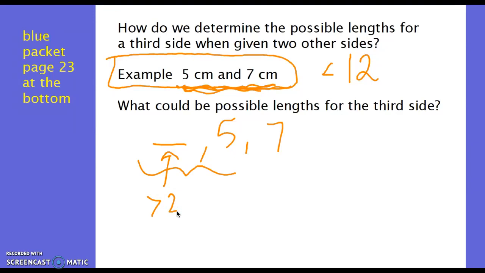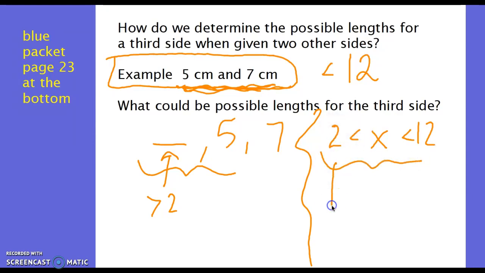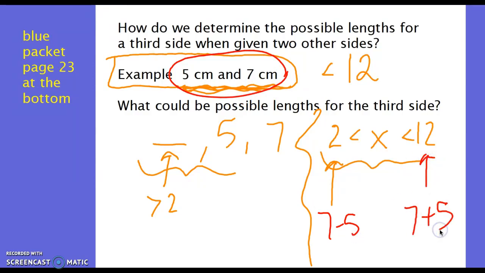So here's a little trick. We just figured out that our third side, I'm going to call it x, has to be less than 12, and it has to be bigger than 2. So it has to be somewhere in between 2 and 12. I can get this number by subtracting these two sides up here, and I can get this number by adding the two sides that I was given.